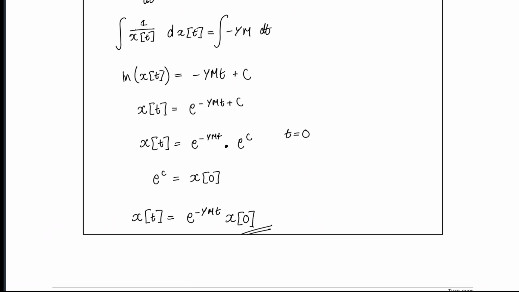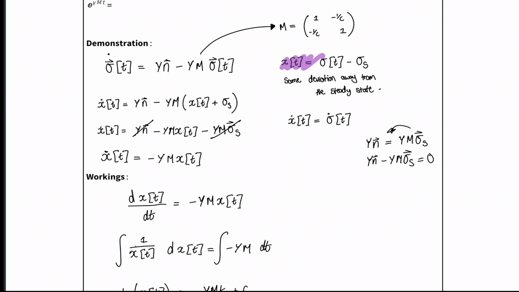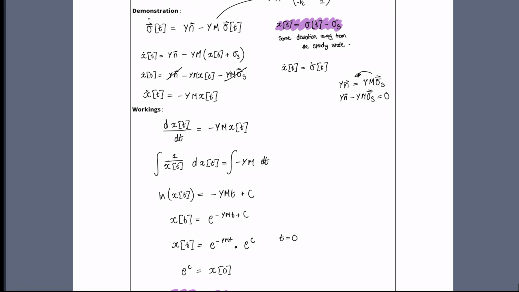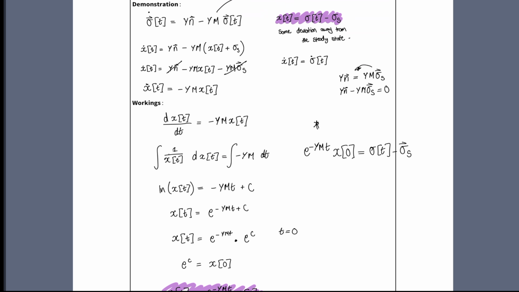Now, if we substitute this equation into this equation over here, we get e to the power of minus gamma M t x0 is equal to sigma(t) minus sigma s, the vector sigma s. Cool. Now what we must do is change this x0 in terms of sigma.